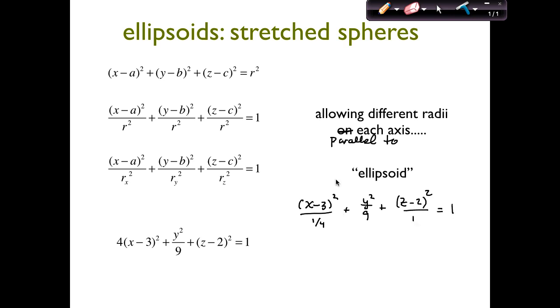So what's my x radius? It would be 1/2, right? If this is r squared, then in the x direction we'd have a 1/2 radius. In the y direction, 3. Z direction, 1.